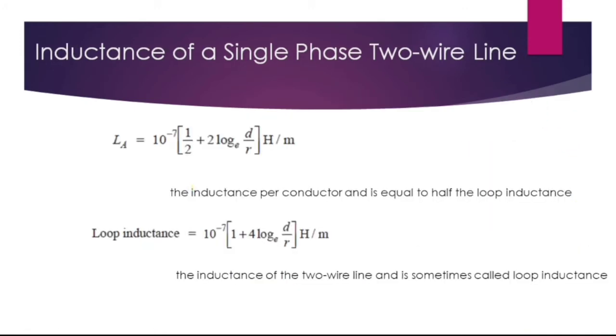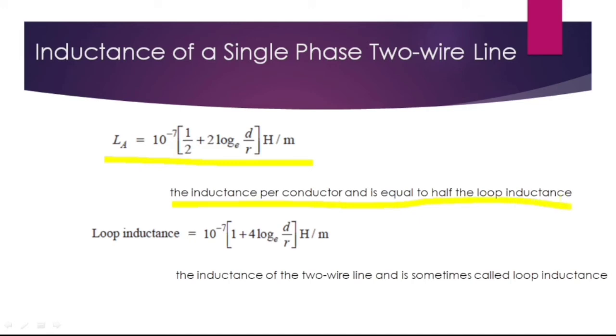I am separating those expressions here. LA is equal to 10 to the power of minus 7 of 1 by 2 plus 2 log d by r base e, Henry per meter. This is the inductance per conductor and is equal to half the loop inductance.